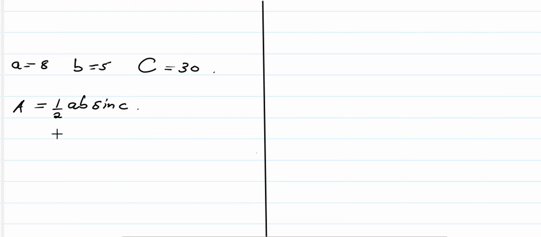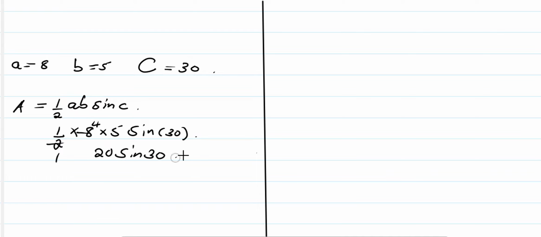We already know A and B, so it will be half of A, which is 8, multiplied by B, which is 5, then sine 30. Then from there, we can divide 8 by 2 to get 4, so it will be 4 multiplied by 5 is 20 sine of 30. So we can do this directly in the calculator.